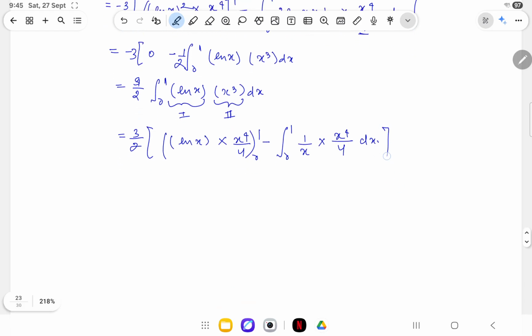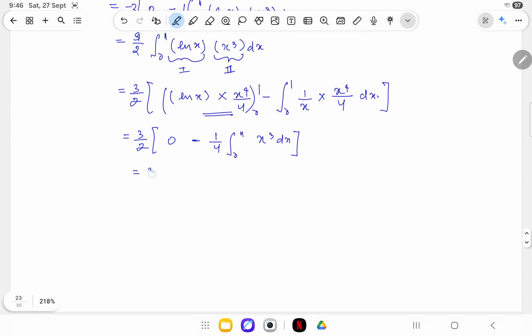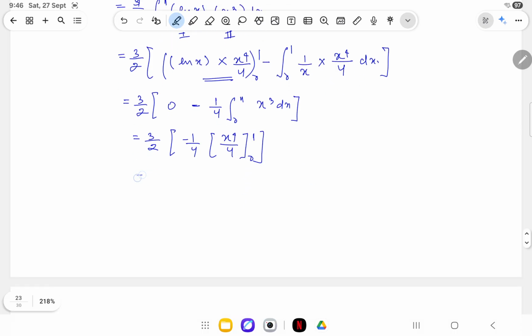So this will basically give us 3 by 2 into, this limit will basically be 0, minus 1 by 4 integration from 0 to 1 of x cube dx. So this will be equal to 3 by 2 into minus 1 by 4 into x raised to 4 by 4, with limit varying from 0 to 1. So it will be equal to minus 3 by 8 into 1 by 4 minus 0, that is minus 3 by 8 4s are 32.